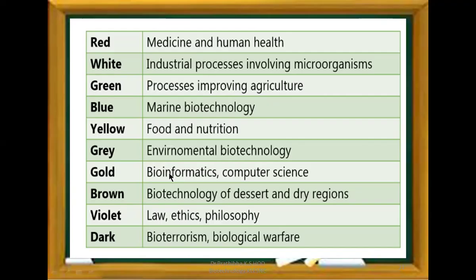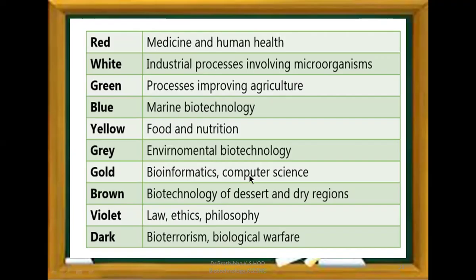Next, coming to the most important one, gold biotechnology or golden biotechnology. This gold biotechnology can also be known as bioinformatics, or computer science, which focuses on the intersection of biology, computer science, and statistics. So in this gold biotechnology we focus on bioinformatics and computer science.